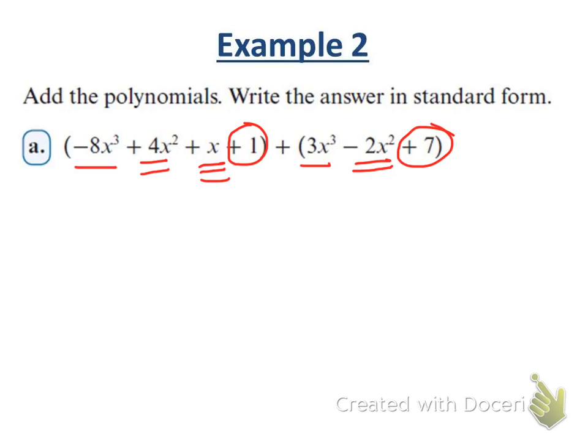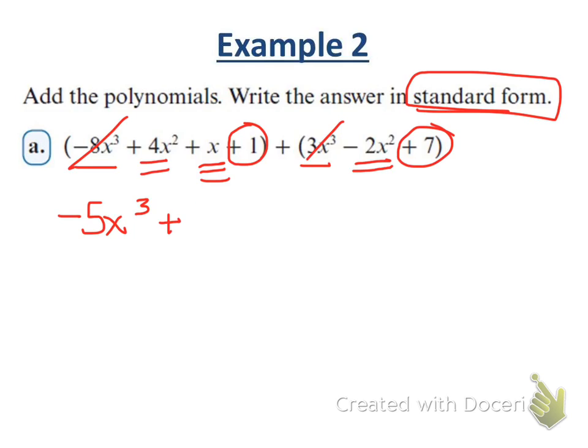Now, if we're going to put this in standard form, I want to start with my highest degree terms, which is what? 3, right? Negative 5x cubed. These terms are done. Positive 4x squared and negative 2x squared is positive 2x squared. I'm done with those two terms.